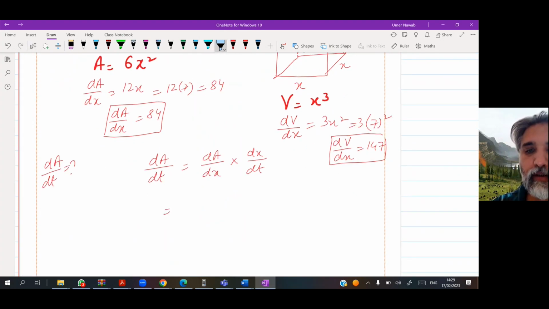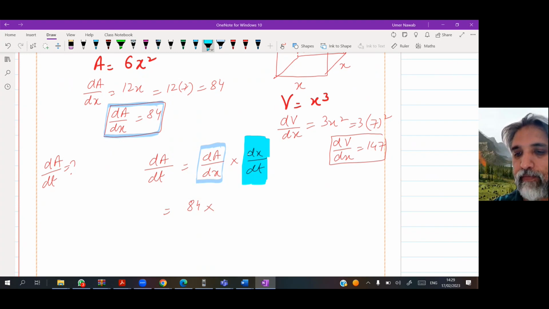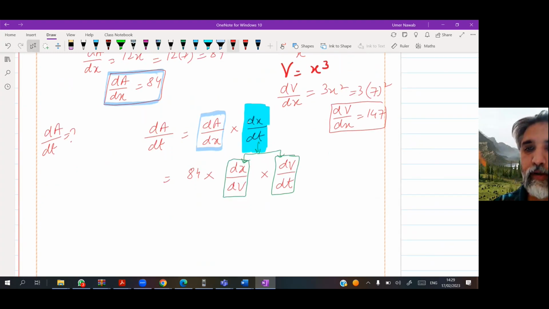Now you will be surprised. Mr. Romer has dA over dx already there, which is 84, but I don't have dx over dt. Can I further split it? I hope you will agree with me. So I'm going to split it further: dx over dV and dV over dt. Wow. Now I have both of them. Right, guys? It is 84, and dx over dV, can I just reciprocate it? dx over dV will be 1 over 147.